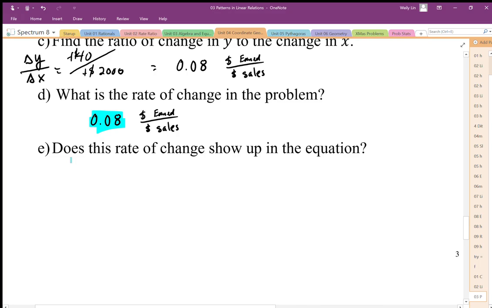The ratio of change, and I'm going to also call it the rate of change, shows up as the multiplier in the equation.